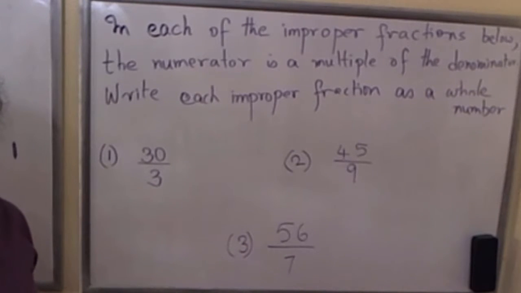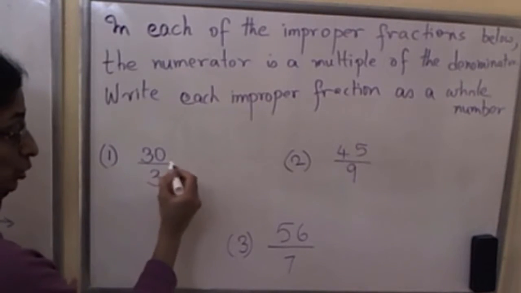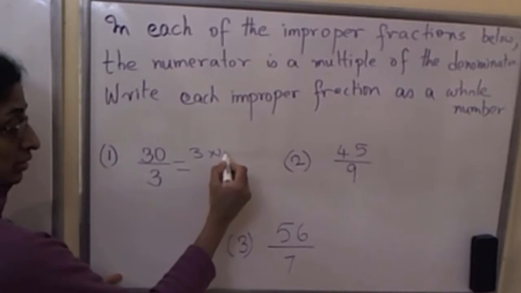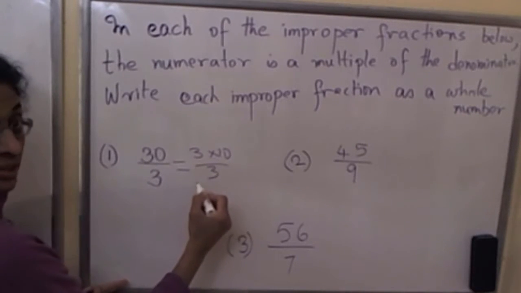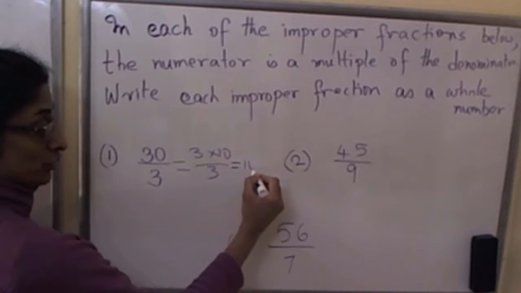There are many ways you can do it. You can use the cancellation law from a previous lesson, and I'll do this in 2 ways. Write 30 as 3 times 10 over 3. Cancel out the common factor of 3 and get an answer of 10.